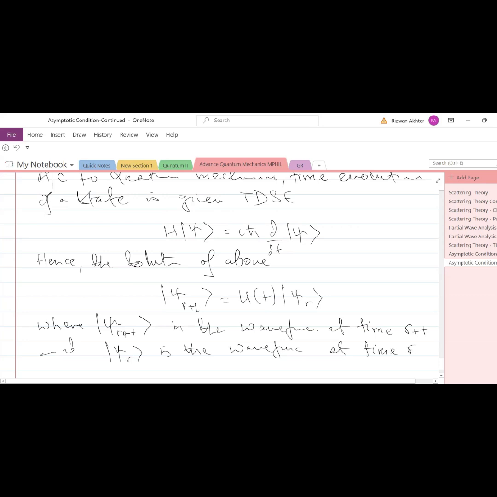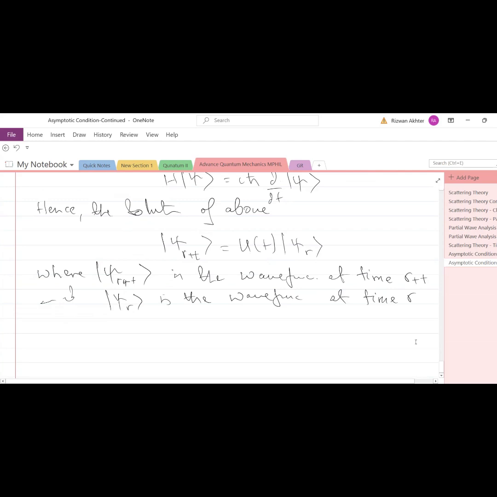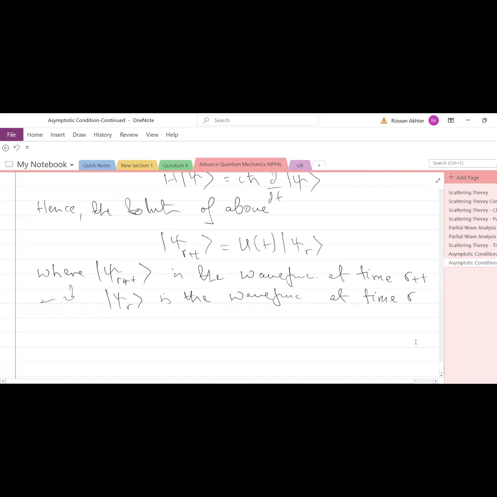You can also take some other symbol. So the time evolution operator is a linear unitary operator, because we can go forward in time and we can go backward in time.